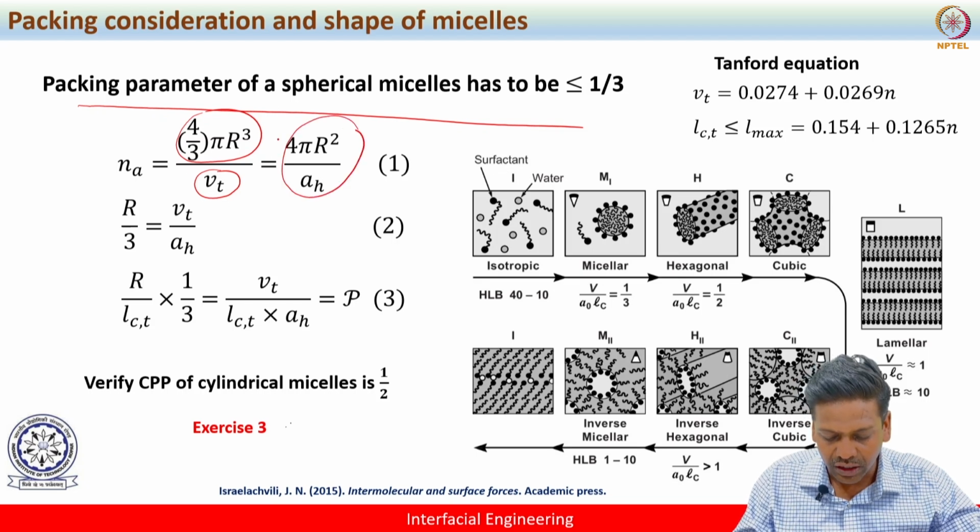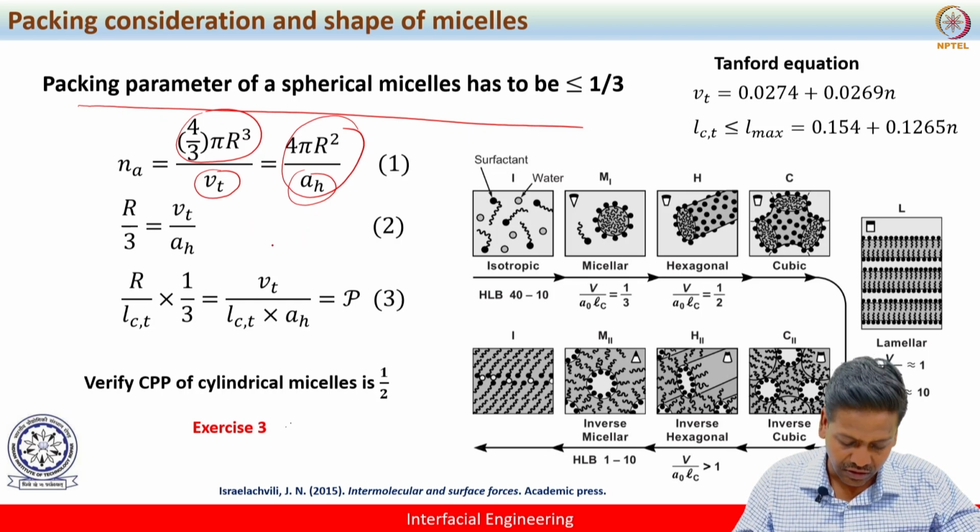Similarly, if I do a surface area basis, the radius constitutes the surface area, and when you divide the surface area by the area of the head group, one would get a number. But these two numbers have to balance each other. So in this way you would get this ratio.